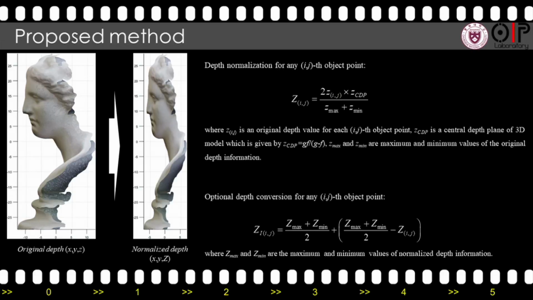Also, when we use the optical reconstruction method, we should convert all of the depth data of the object points, because a pseudoscopic image problem can be caused. But when we use the digital reconstruction method, this depth conversion process isn't required.